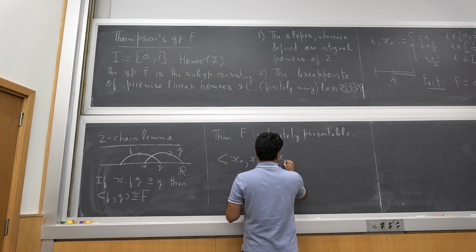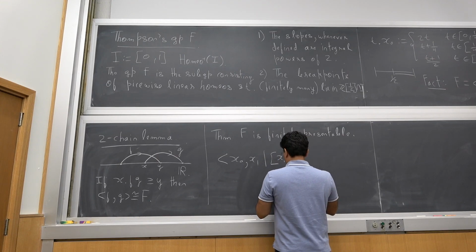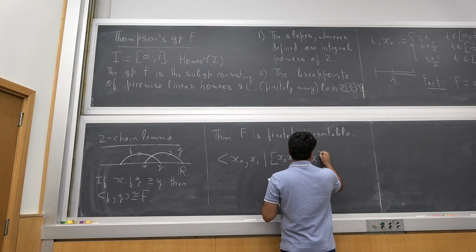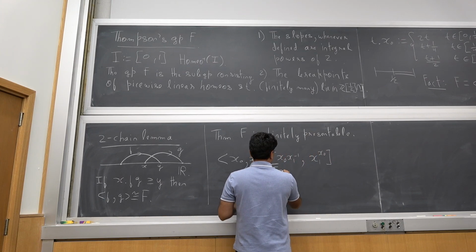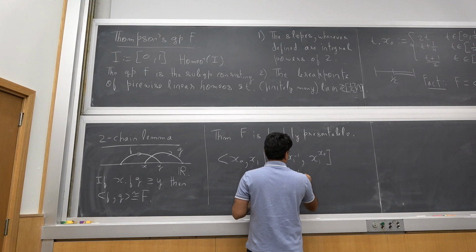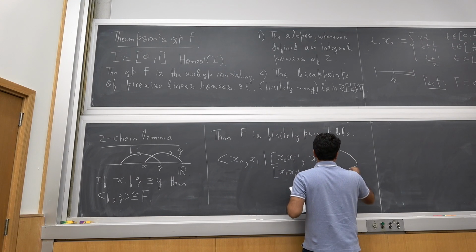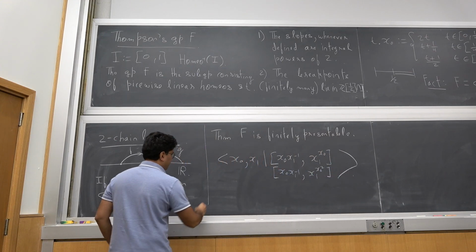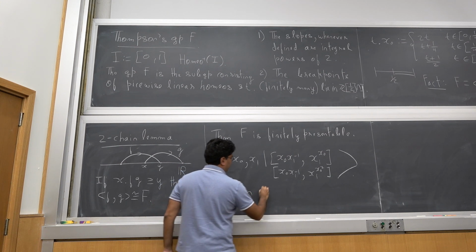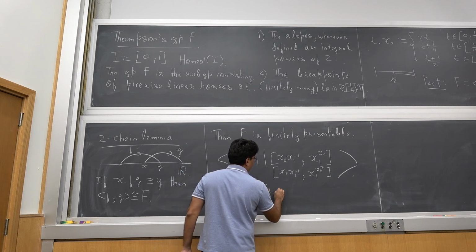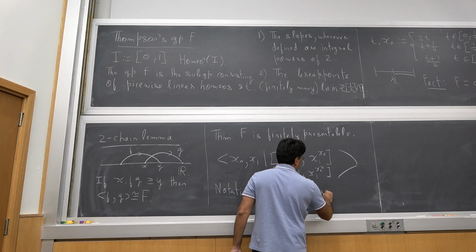So I have [x0, x1 inverse] commutes with x1 conjugated by x0. So here, notation, bracket AB is the commutator of A and B. So this is A inverse, B inverse, AB.